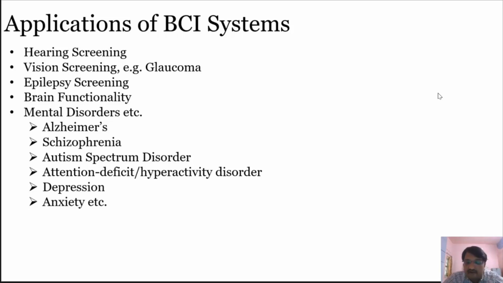And further, if I go ahead, there is something called brain functionality. Your brain has different functions, like sensing perception, auditory perception, visual perception, memorizing, character recognition, many things.